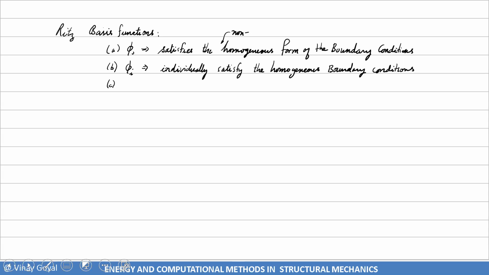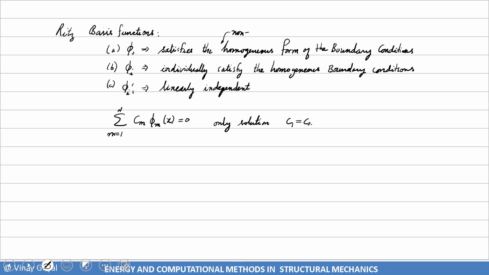C, the phi i's need to be linearly independent. In other words, if I were to have this equation put together, the only solution has to be C1 is 0, so all these need to be equal to 0.